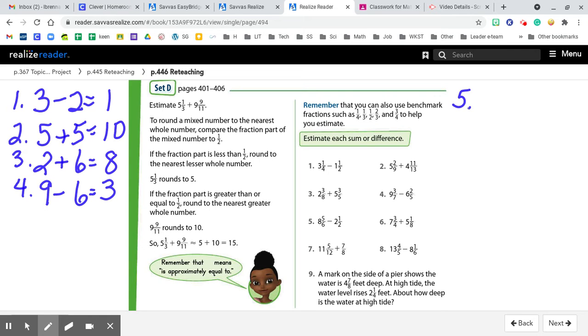For number 5, 8 5/6 is closer to 9, and 2 1/2 is closer to 3. 9 minus 3 equals 6.